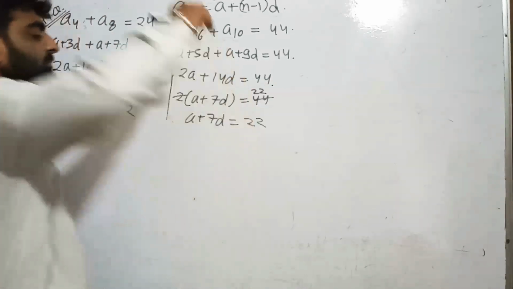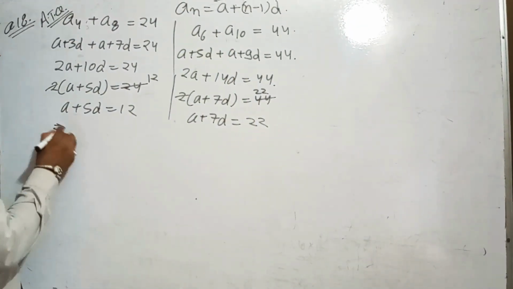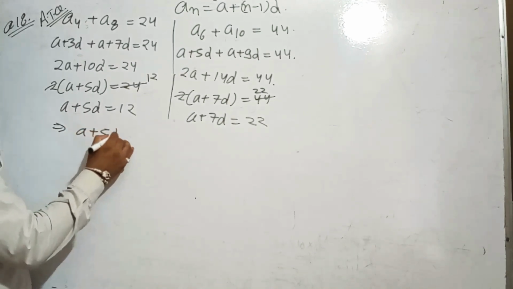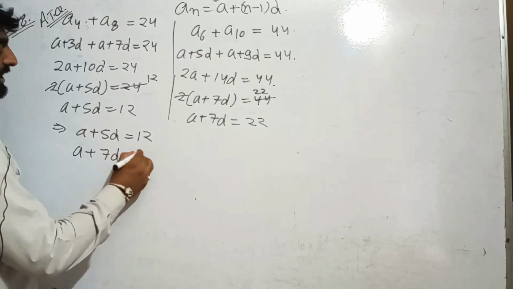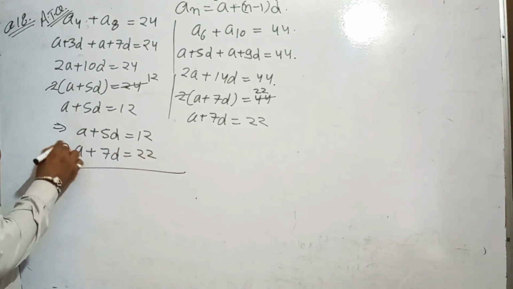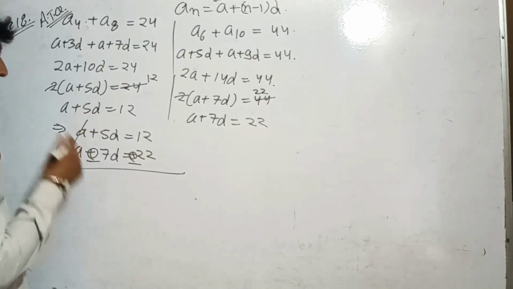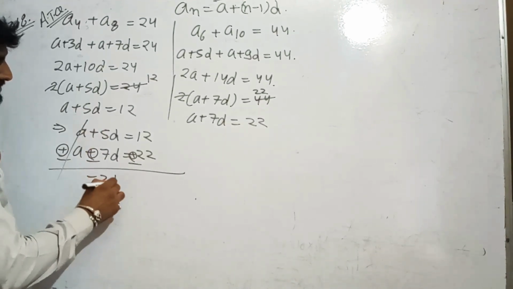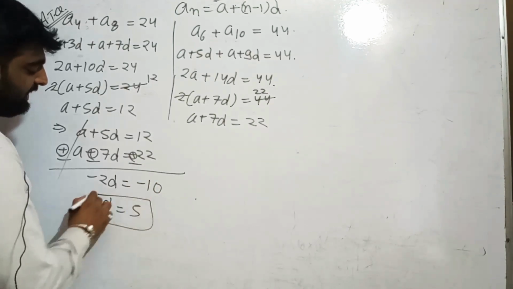By the elimination method, you have to solve both equations. a plus 5d equals 12 is one equation, and the second equation is a plus 7d equals 22. We have to change the sign of one of the equations if required. The result is minus 2d equals minus 10, or d equals 5.